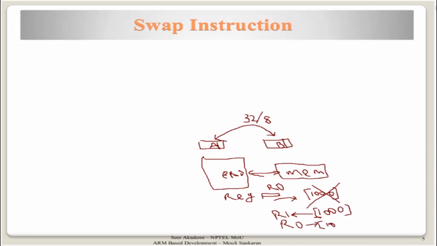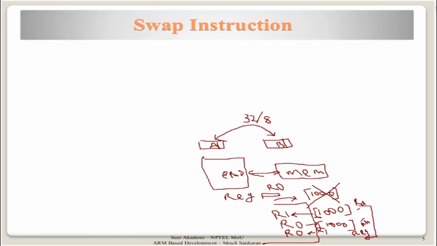Now we are overwriting this content with the value in R0, but we have preserved the old content of that location, and then we can internally move R1 to R0, because it has already come into the processor register. So we are doing two memory operations, a memory read and a memory write, and then one register transfer to accomplish this job.